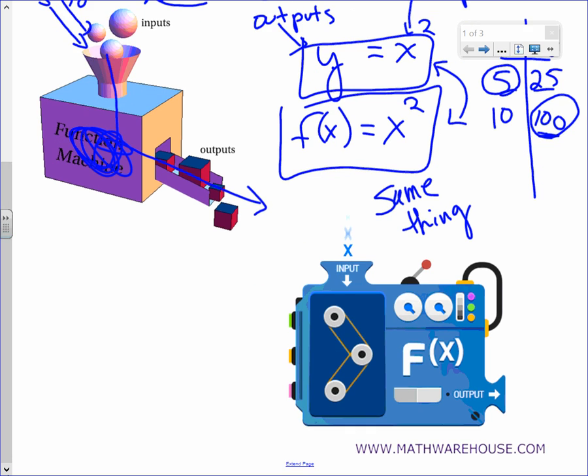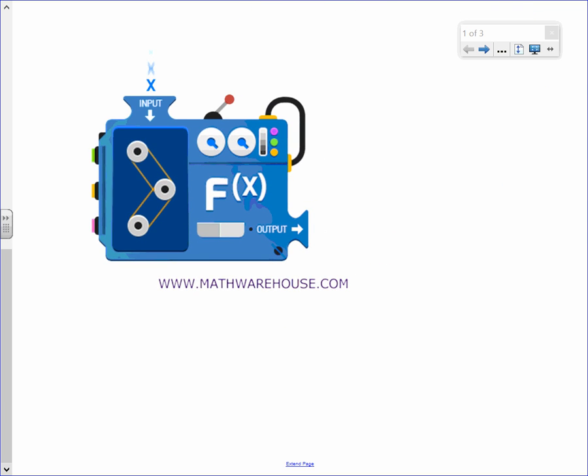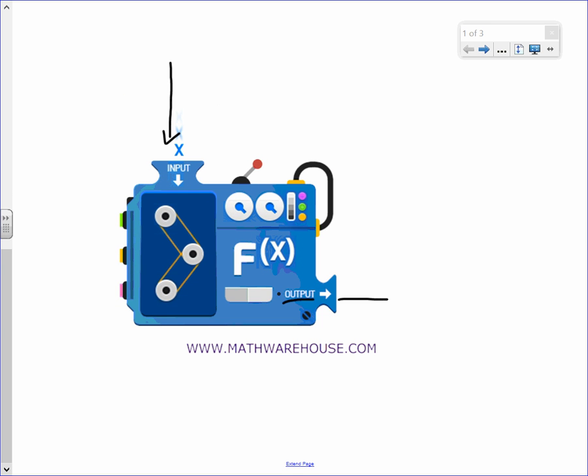Here's another function machine. Look at my function machine. You can drop your pens now. Watch my function machine work. Here are your inputs, and then your outputs. It spits out something.